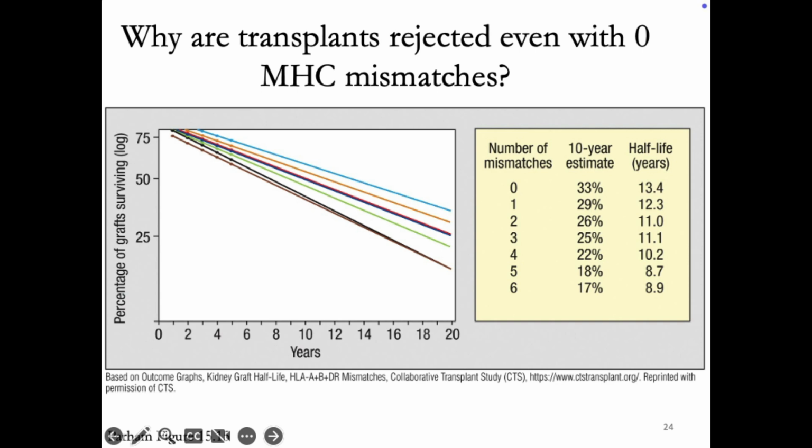So if we have zero mismatches, you can see that it's not 100% of the transplants stay. It's not like the transplant stays forever. And so there's something going on besides MHC here. And so we need to think a little bit about what's going on with zero MHC mismatches.